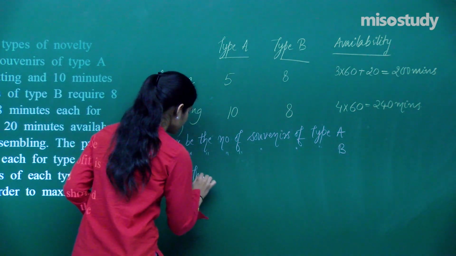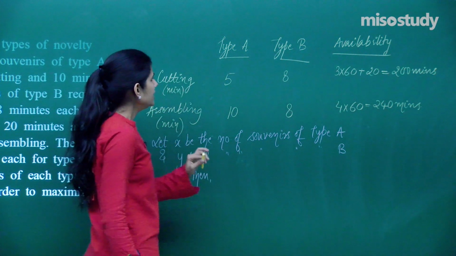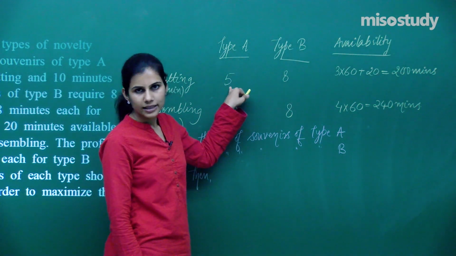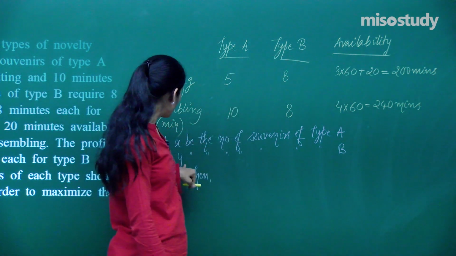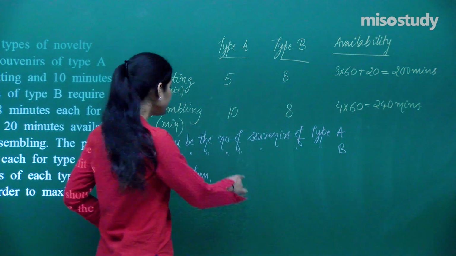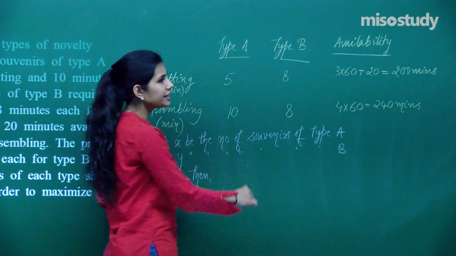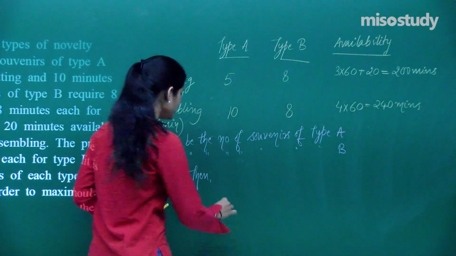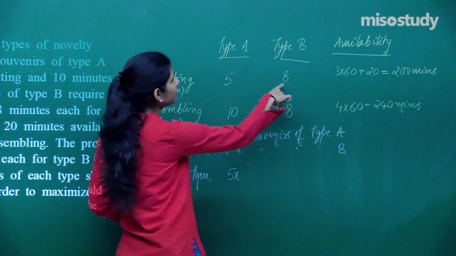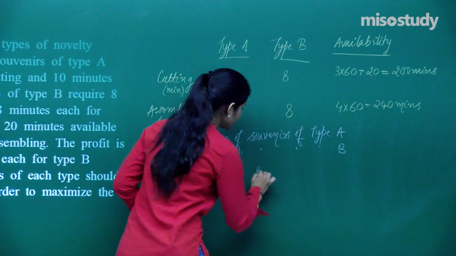Then, if one souvenir of type A requires 5 minutes in cutting and one souvenir of type B requires 8 minutes in cutting, that means X souvenirs of type A will require 5x minutes in cutting and Y souvenirs of type B will require 8y minutes in cutting.